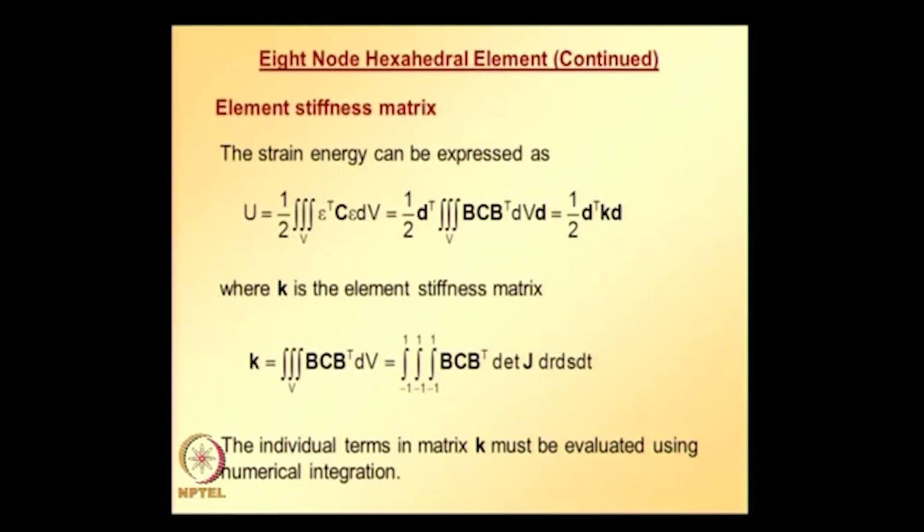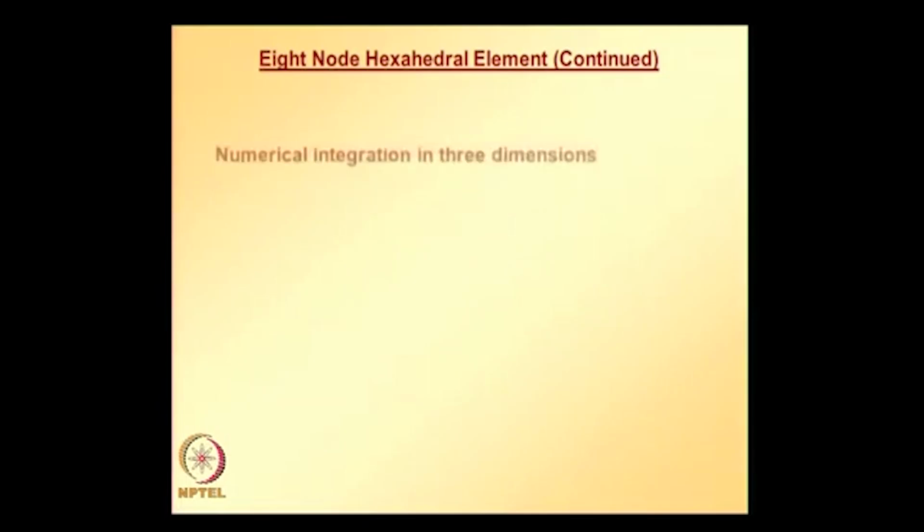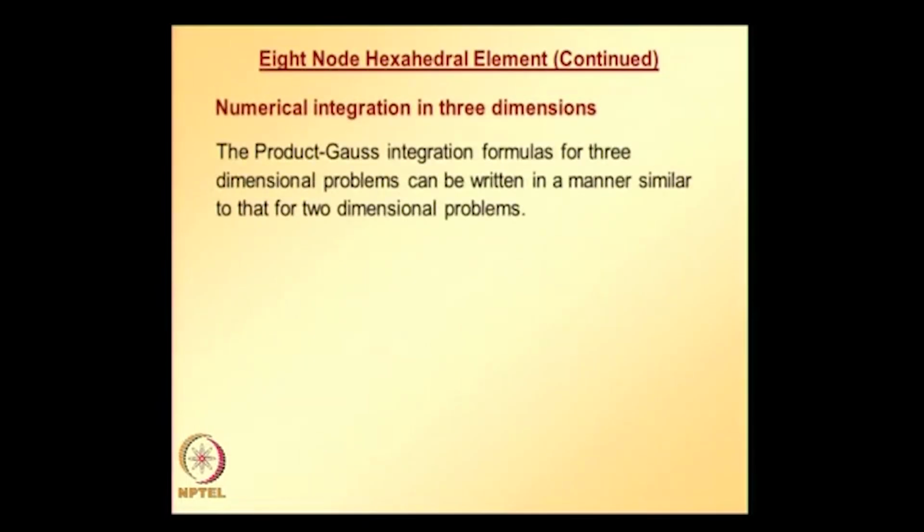So, now let us briefly look at numerical integration in 3 dimensions, which helps us to evaluate this kind of integrals. The product Gauss integration formulas for 3 dimensional problems can be written in a manner similar to that for 2 dimensions, except that whatever we have done for 2 dimensions, we need to extend it by one more dimension to get integration formulas for the 3 dimensional case.